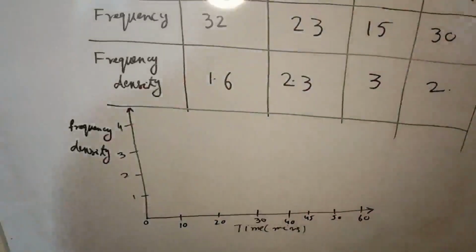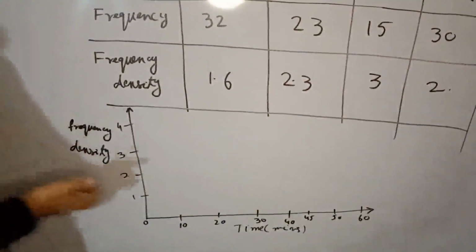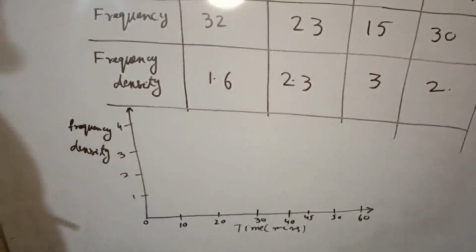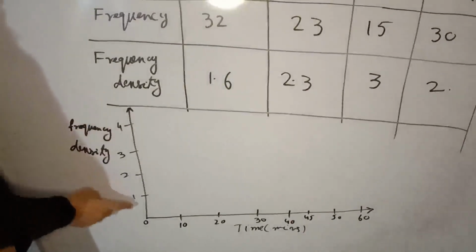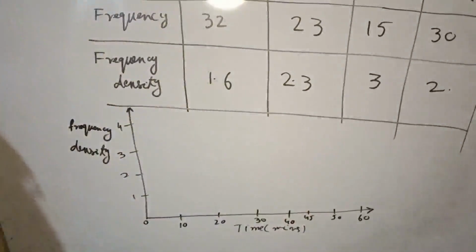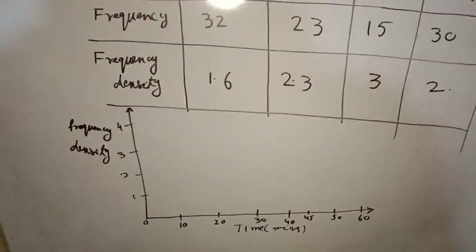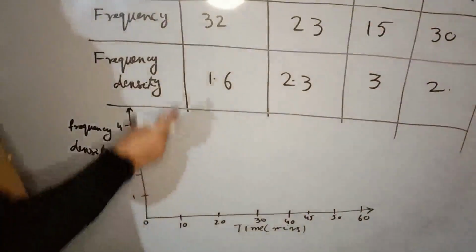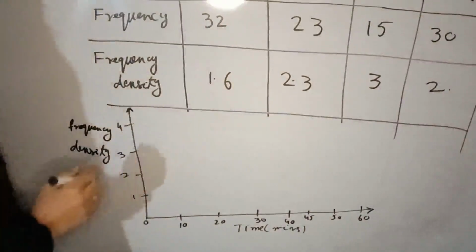Now we have to draw the histogram on the grid given in the answer space. I do it for you. I draw it here. On the vertical axis, frequency density is given from 1 to 4, and on the horizontal axis is time given in minutes from 0 to 60. Now, first interval is 10 to 30 and its frequency density is 1.6.